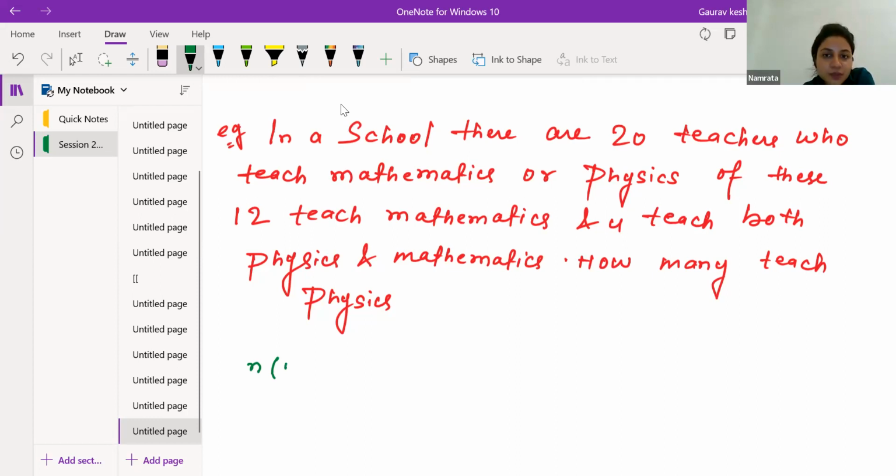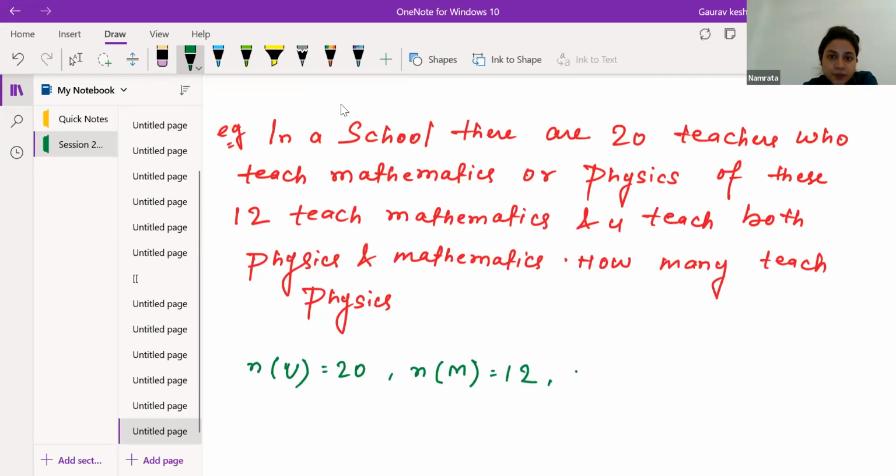Is what? 20. Okay, the number of elements in the universal set is 20. Then the number of elements in another set is 12, in mathematics, n(M) is 12.